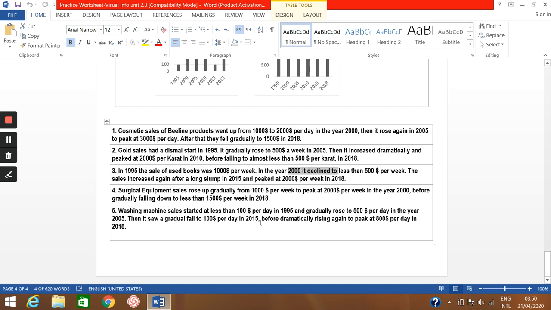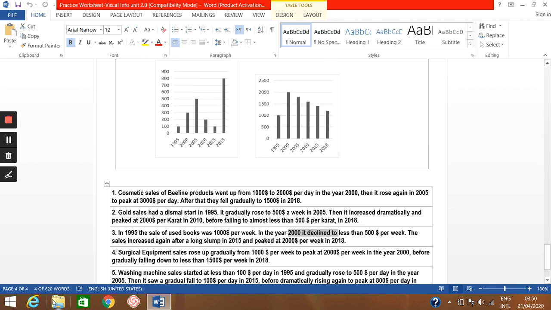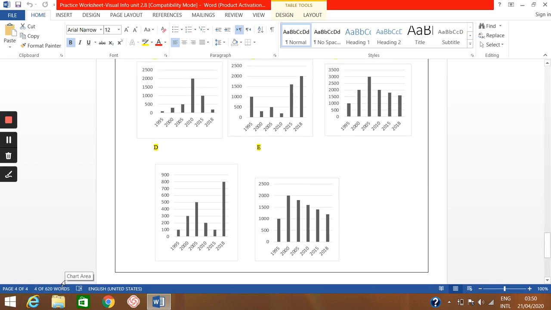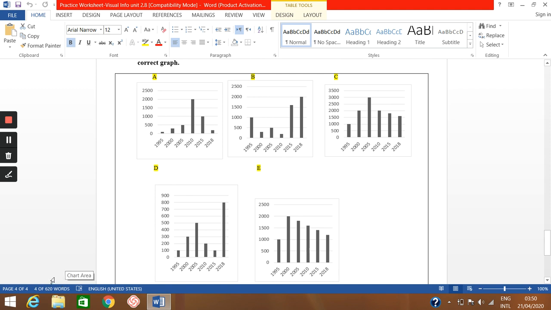Now, just to use some techniques that can help you in dealing with such graphics. If you have, for example, 5 diagrams or 5 charts being presented here, just exclude those parts which you have already chosen as correct answers and concentrate on the remaining parts.